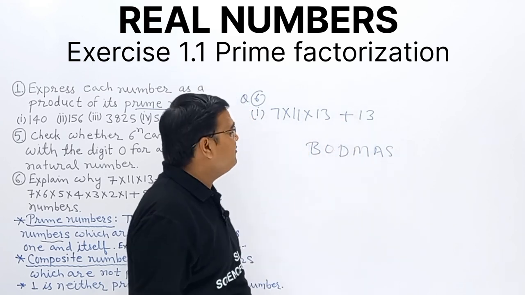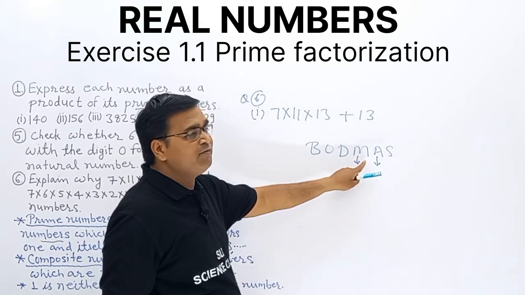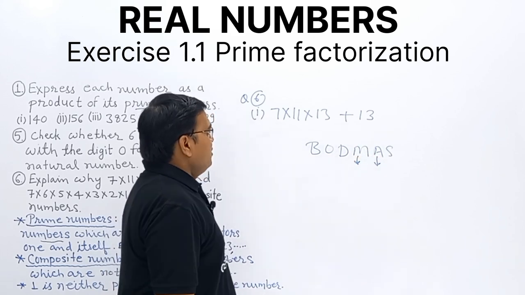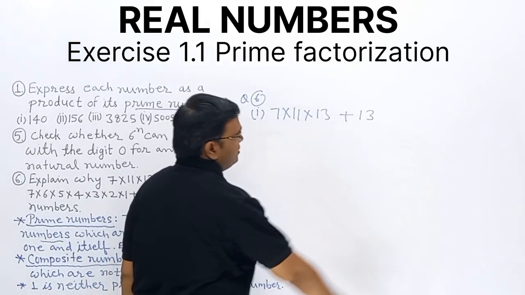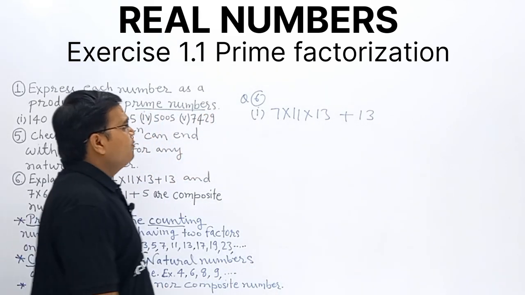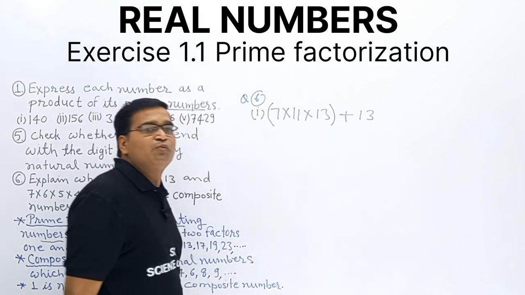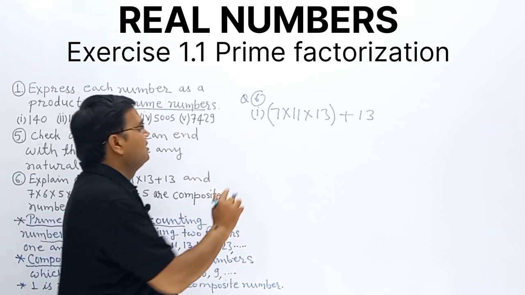Here we have multiplication and addition, so multiplication comes first and then we add. For clarity we can use a bracket there. First multiplication, then whatever result we add.